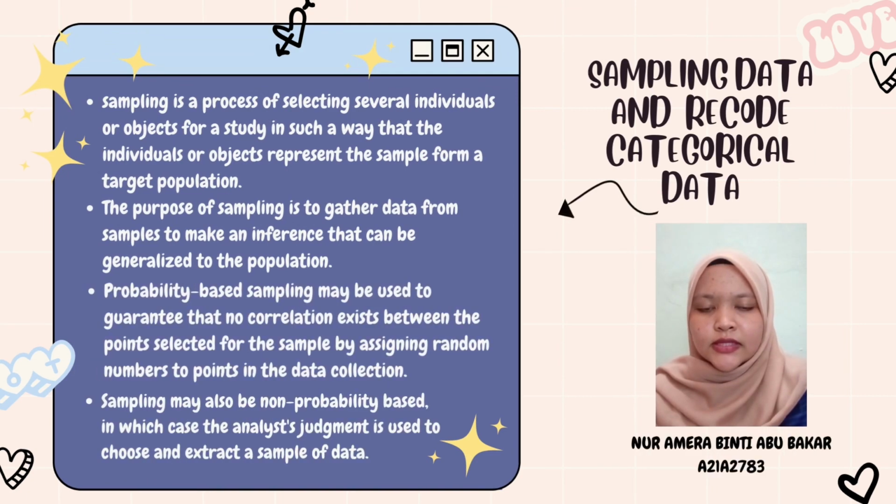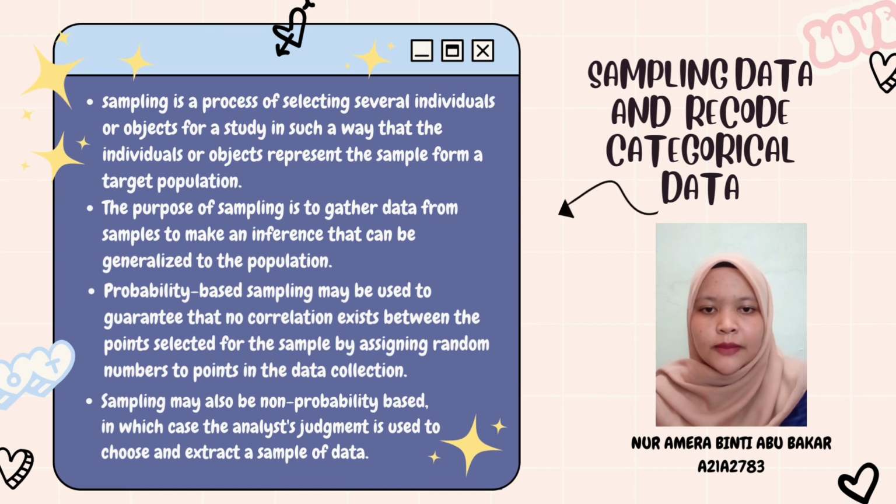Sampling is a process of selecting several individuals or objects for a study in such a way that the individuals or objects represent the sample from a target population. So, the purpose of sampling is to gather data from the sample to make an inference that can be generalized to the population.